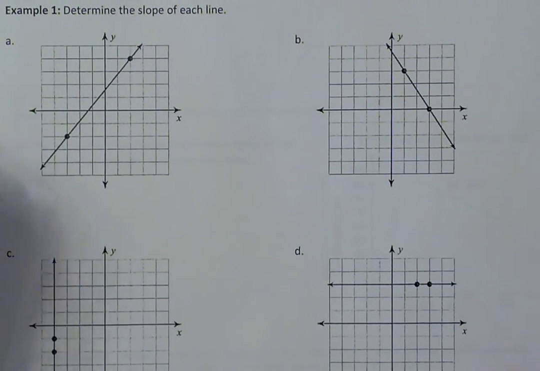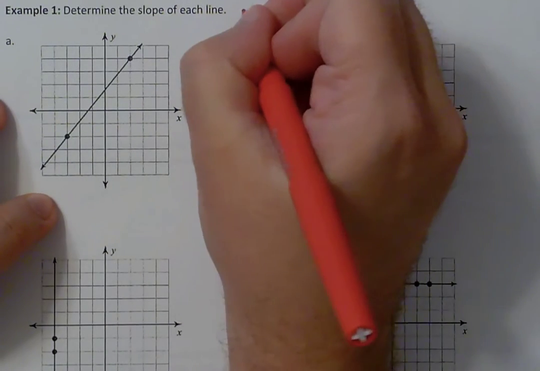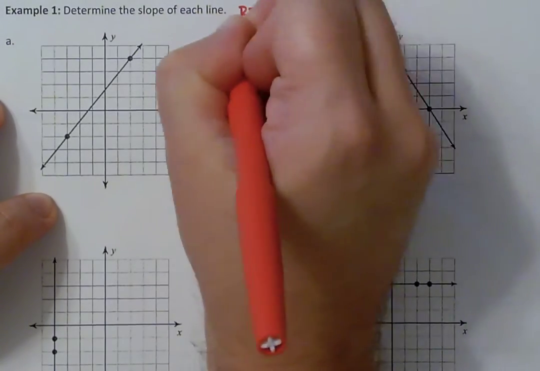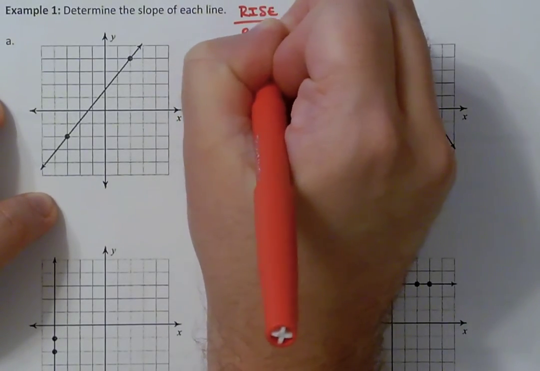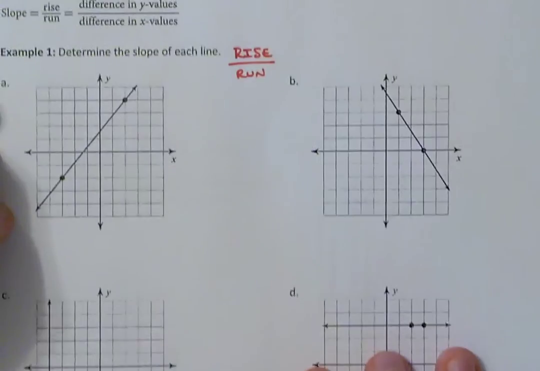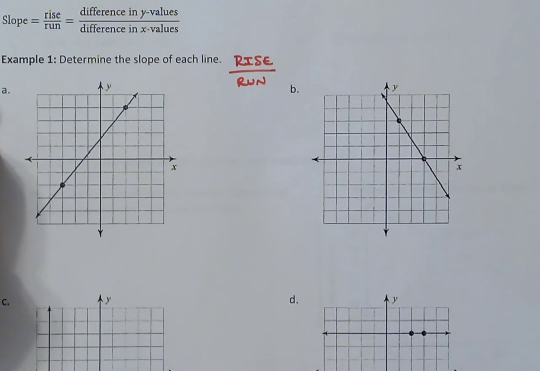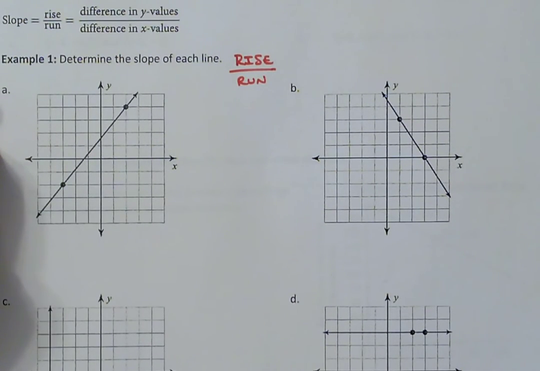Now, going based off of a graph, we need to think of this as rise over run. And that's what I talked about in this last part, is that slope equals rise over run. And that's what we're going to use for example 1.